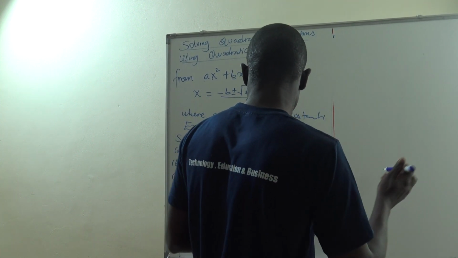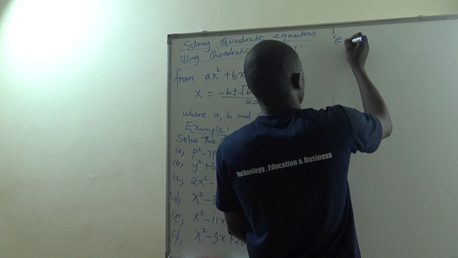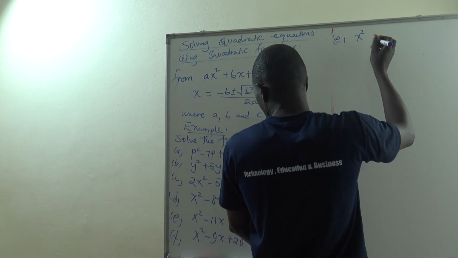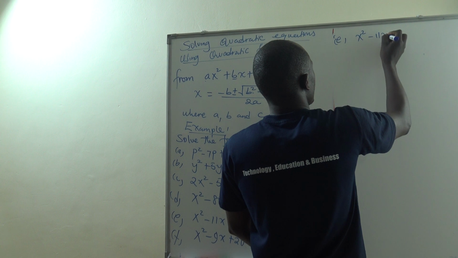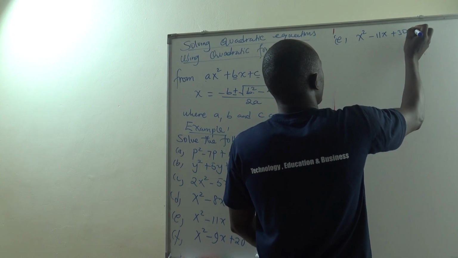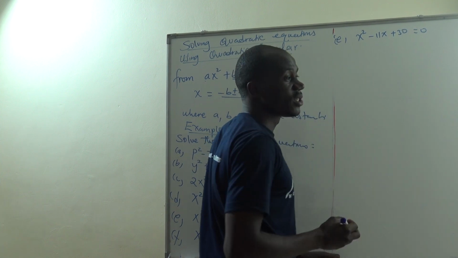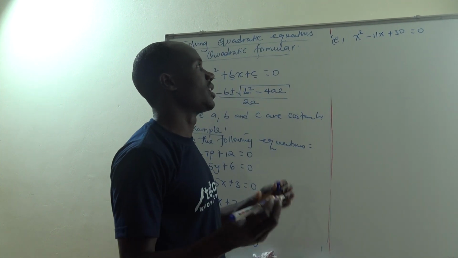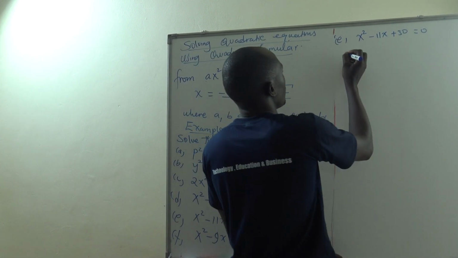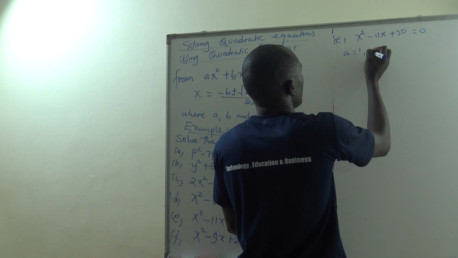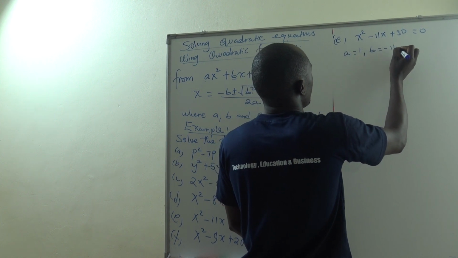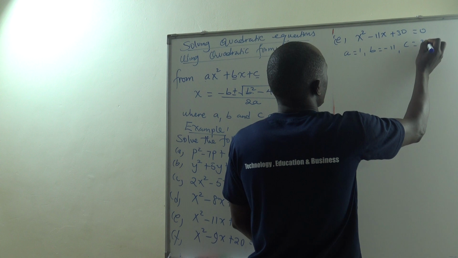Part E goes x squared minus 11x plus 30 equals 0. It means comparing with ax squared plus bx plus c equals 0, we shall have our a as 1, b as negative 11, and c as 30.